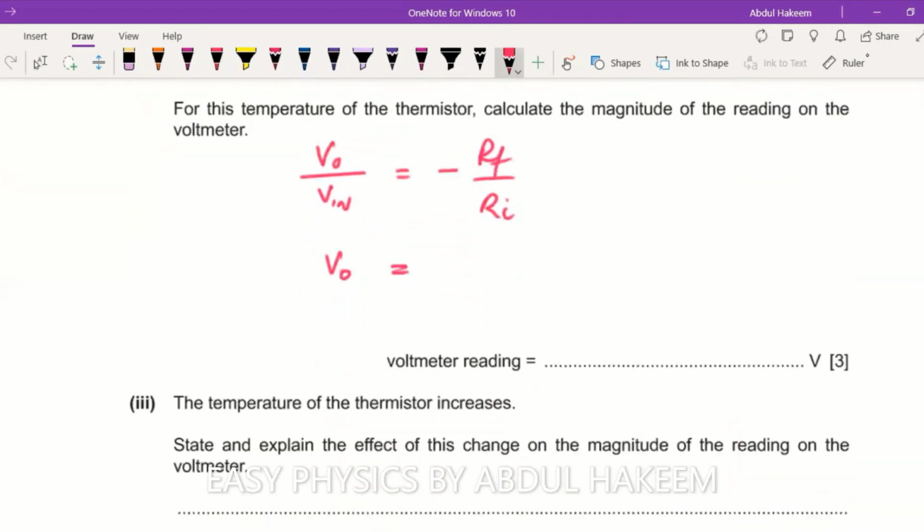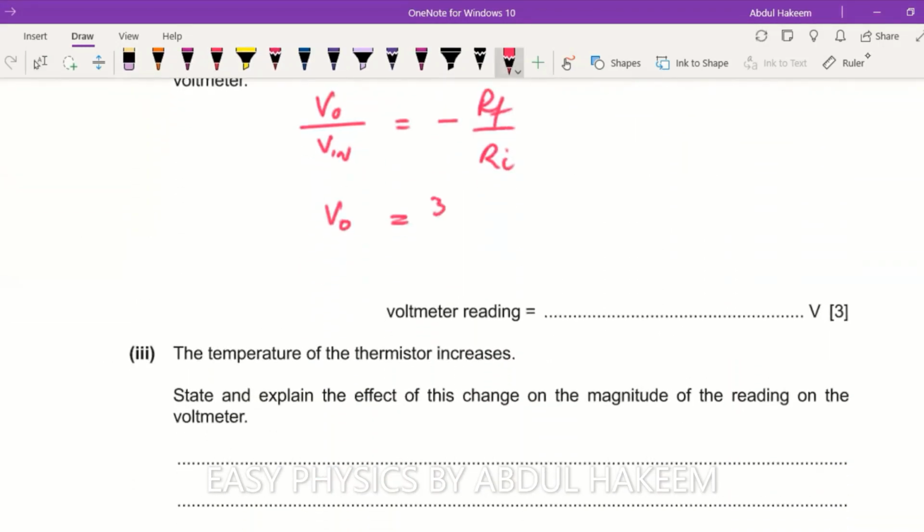So the sum of these two resistors, 360 plus 100, divided by Ri, which is 96, multiplied by input. Input is 0.4. So after the calculation, 460 divided by 96 multiplied by 0.4, it is coming 1.9.